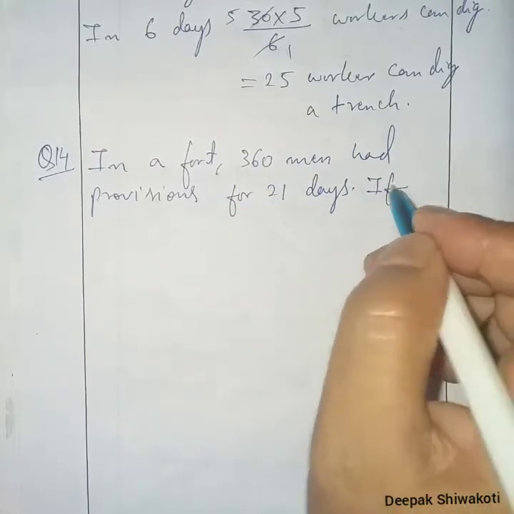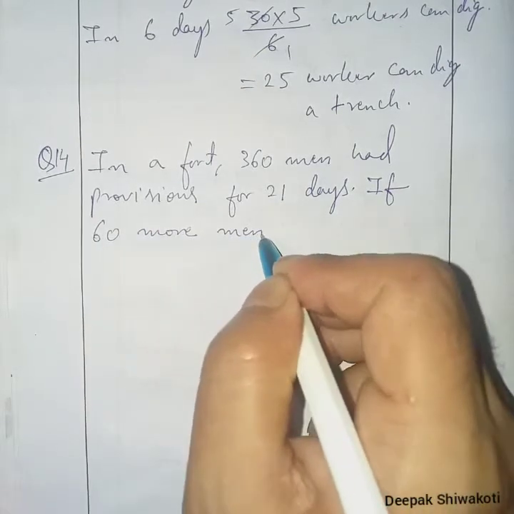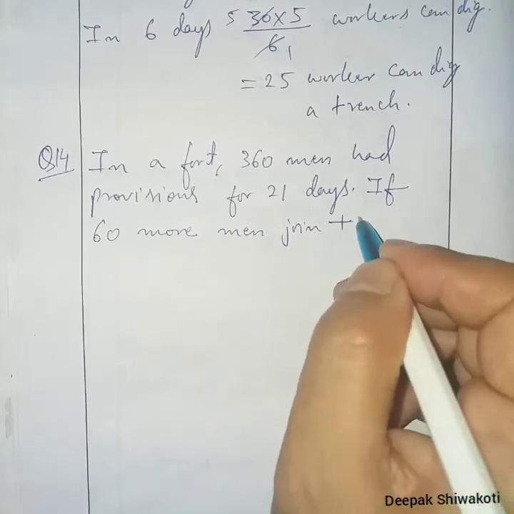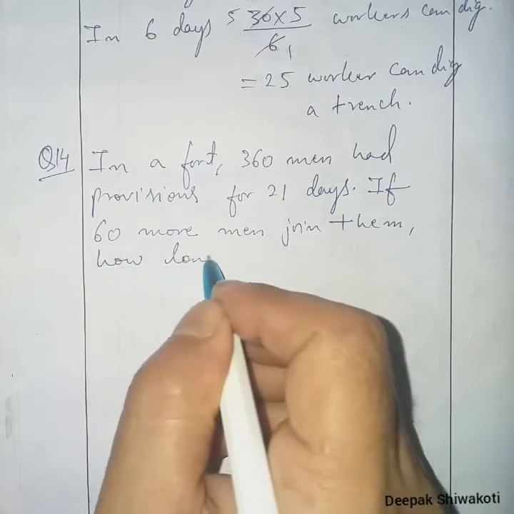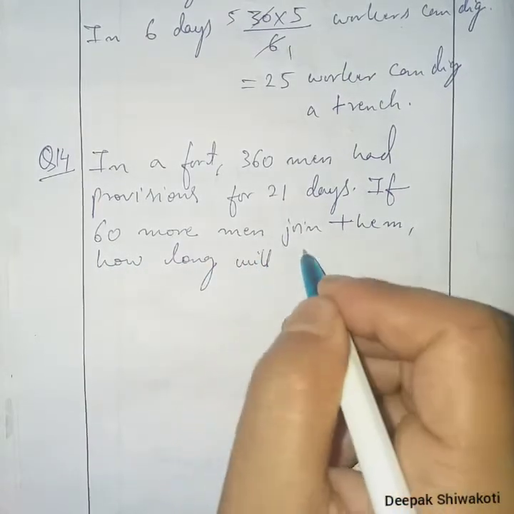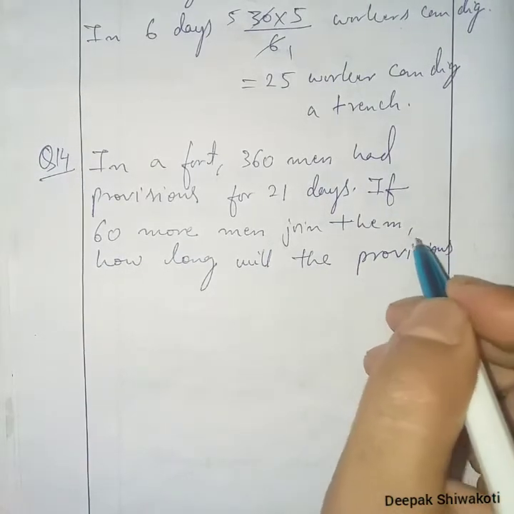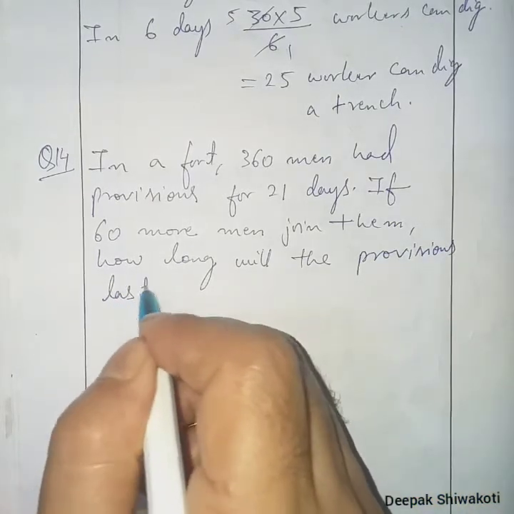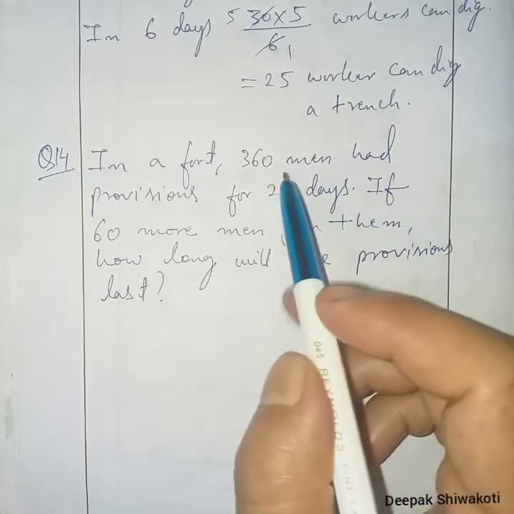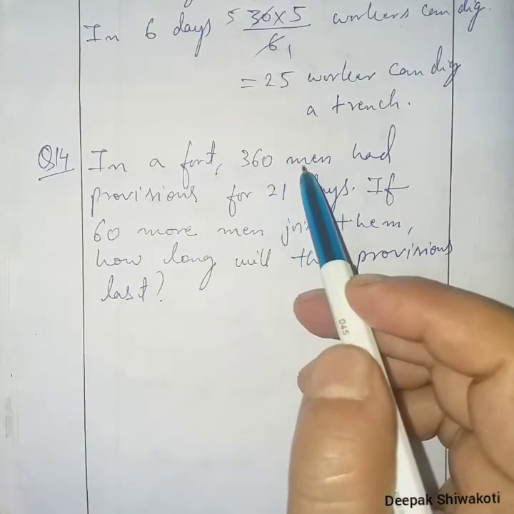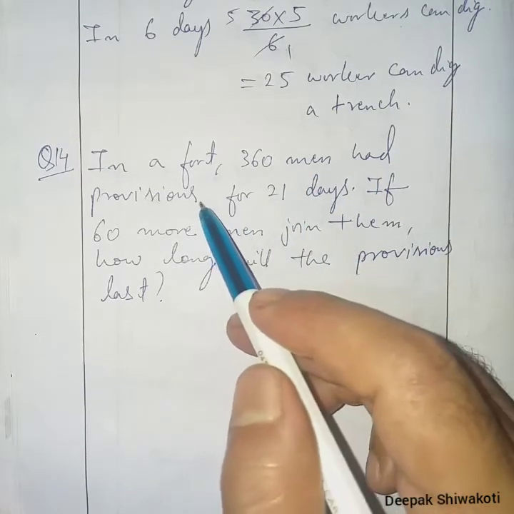If 60 more men join them, how long will the provisions last? So very simple to understand this question. 260 men had provisions for 21 days. Provision means fooding and lodging.